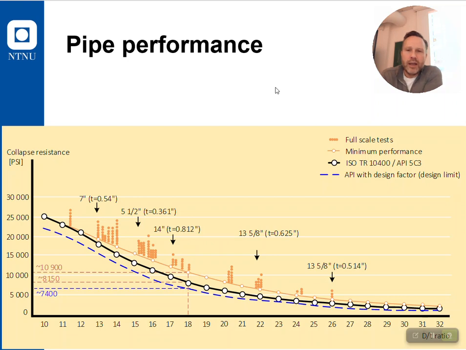I forgot to tell you, the API test is based upon how pipes were performing in the 1960s. They call that method for minimum performance. Those pipes that collapsed are supposed to represent any pipe produced by anybody.